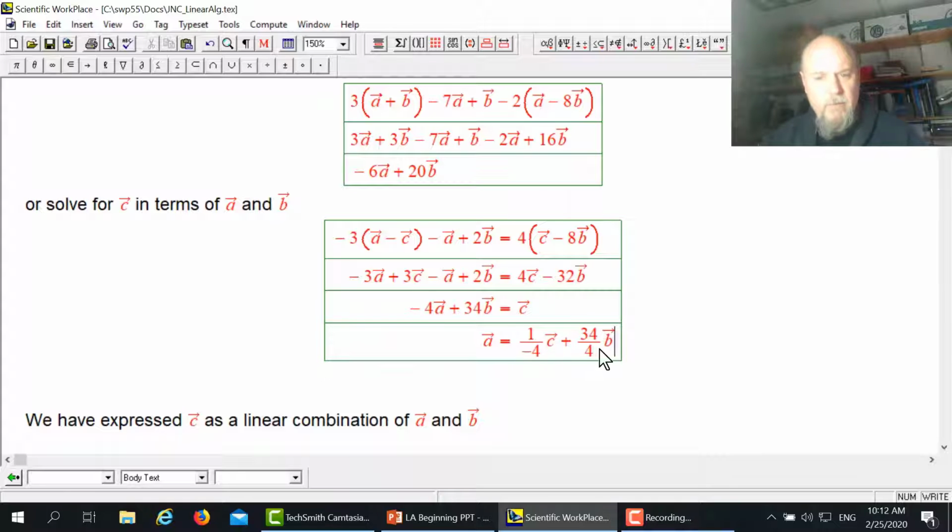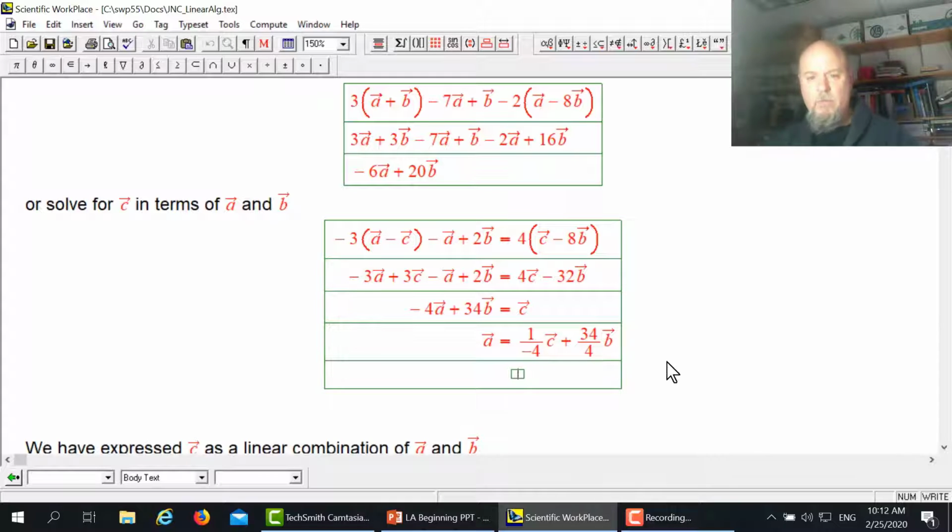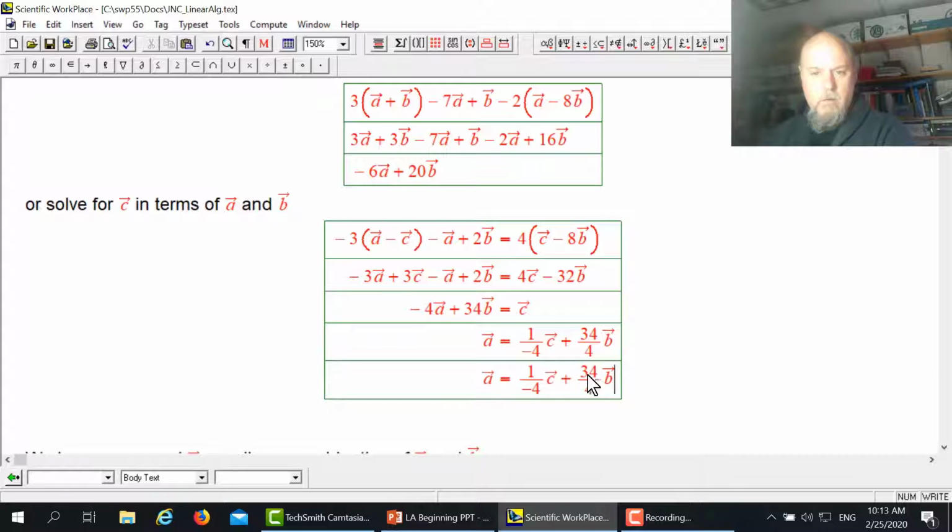That means that I can write them all. Let's move these pieces over, and I can write them as equal to 0. So let's take this equation. Let's multiply everything by 4. So this becomes -1, and this becomes 34.